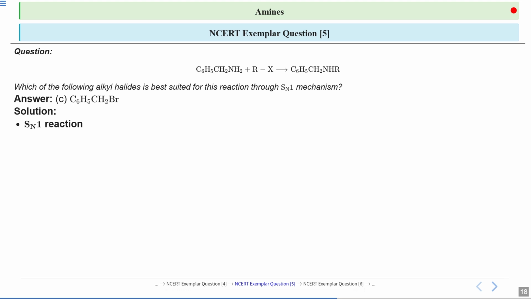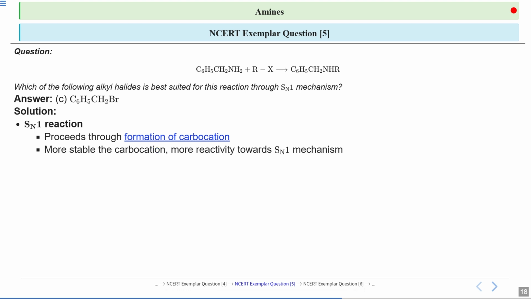Now if I talk about SN1 mechanism, then carbocation formation is the key. Okay, so if we talk about primary bromide, then primary bromide forms a stable carbocation. So if we see, this proceeds to the formation of the carbocation. So more stable will be the carbocation, more will be the reactivity towards SN1 mechanism.